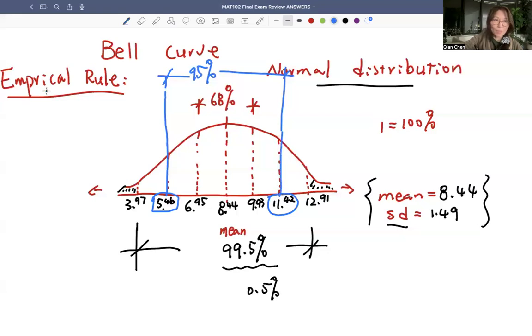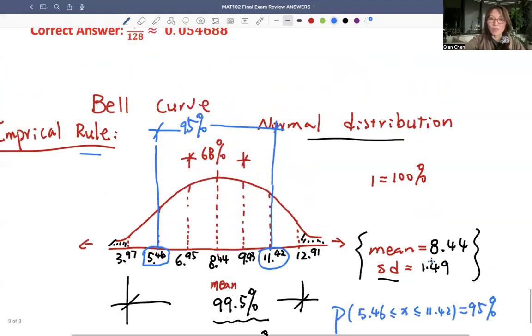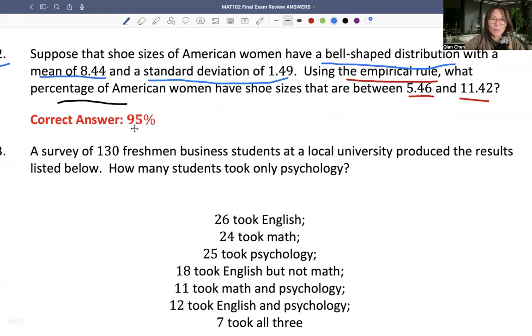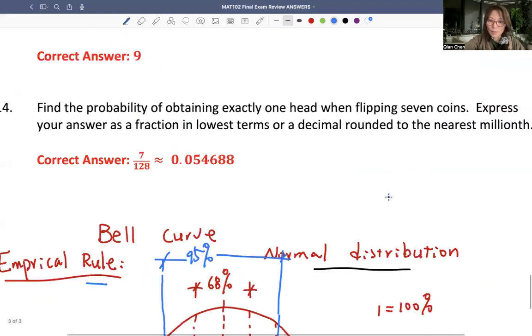What does the empirical rule tell us? That's 95%. So that's it. We don't really have to write it, but the question is asking for the probability in between 5.46 and 11.42. That's 95%. Okay, so that's the answer for this question: 95%.